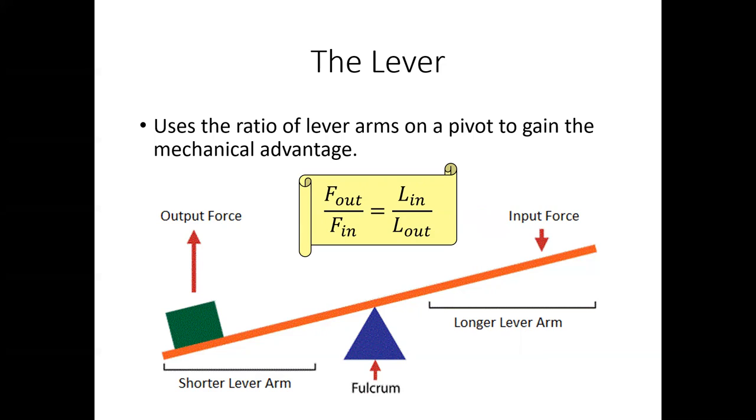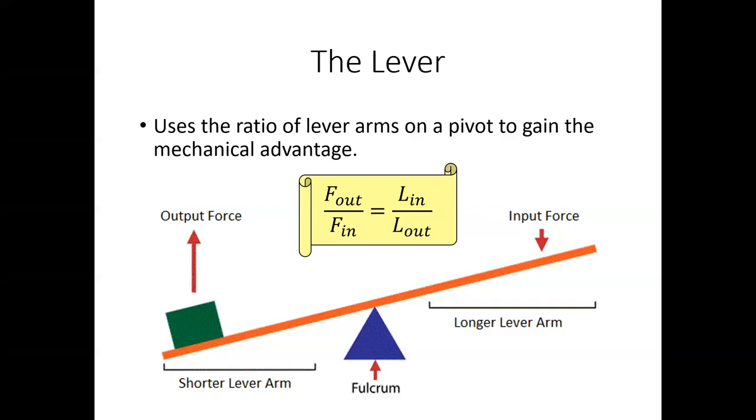However, the only advantage would come about if the distance between the blue fulcrum and the output red arrow was shorter than the distance between the fulcrum and the right red input arrow. In that case, the longer lever arm would obviously be longer than the shorter lever arm, and thus you would have to push with less force, but over a longer distance.